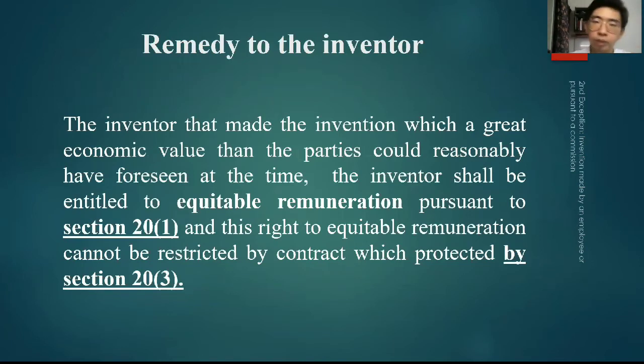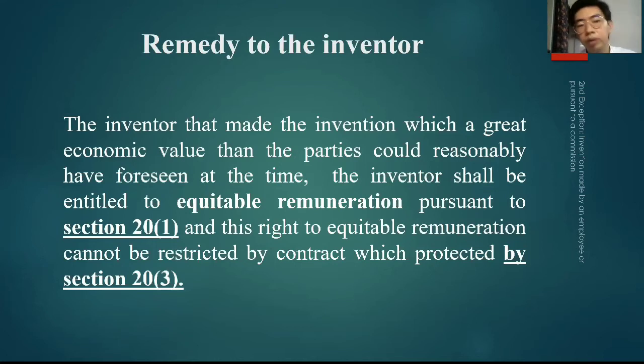To balance the unequal, as you can see, the employee actually puts so much effort into making the invention. So the law asks the employer to pay equitable remuneration according to section 20 subsection 1, and it cannot be restricted by a contract that restricts the giving of equitable remuneration.